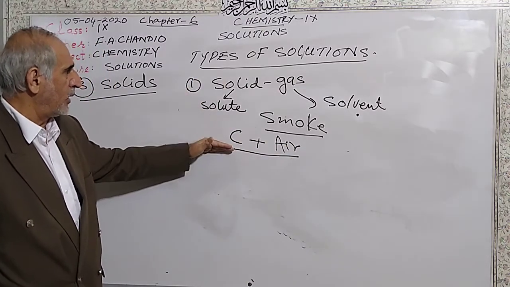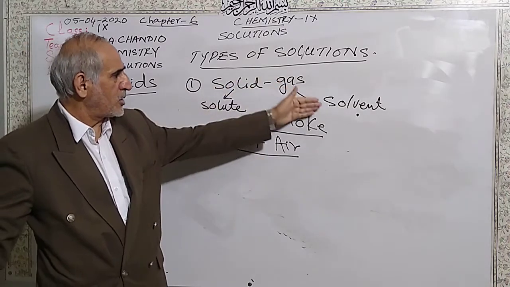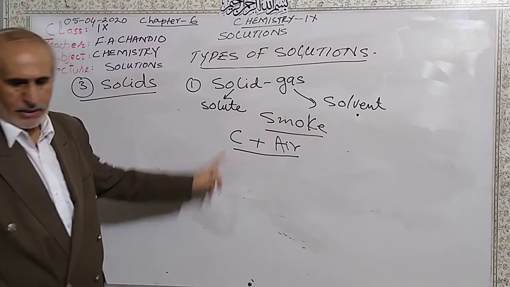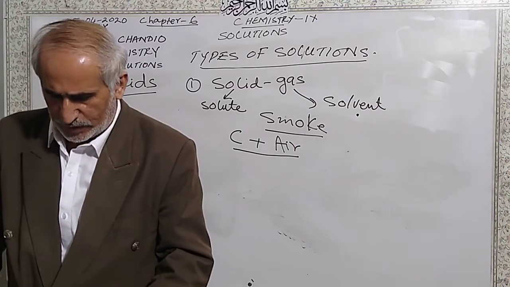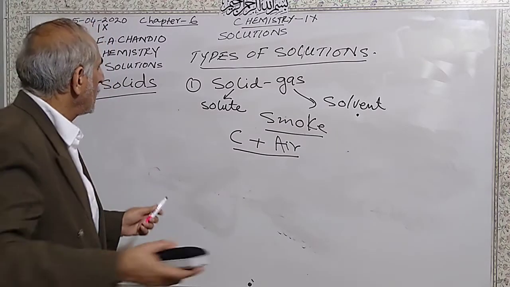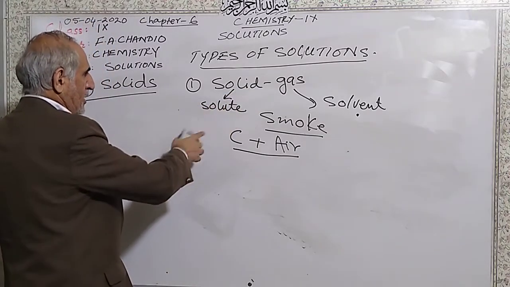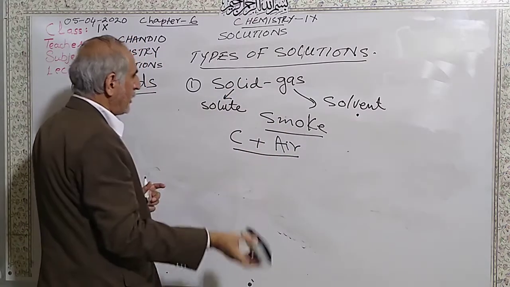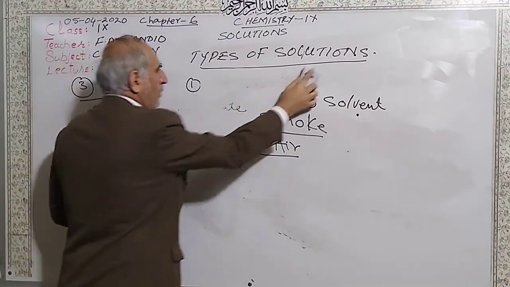Solute is carbon, air is the solvent, which is in a larger quantity. So a very common example is air, which contains carbon particles. This is one example of solid and gas. Solute is a solid and gas is a solvent. I think it's clear. Number second.